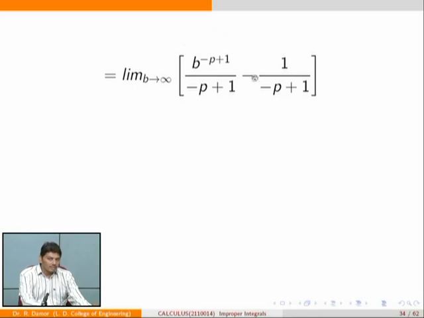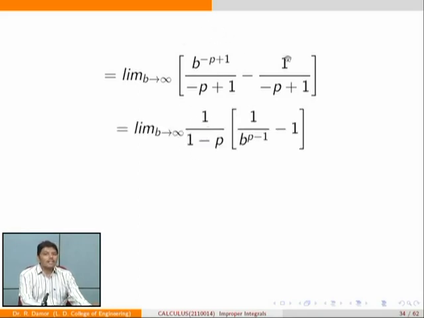But for this term, how do I check it? I can take 1 upon 1 minus p outside. The remaining term is b raised to minus p plus 1, which I can rewrite in the denominator form as 1 upon b to the power p minus 1, and the common factor gives minus 1.